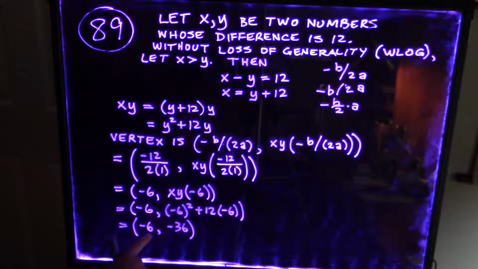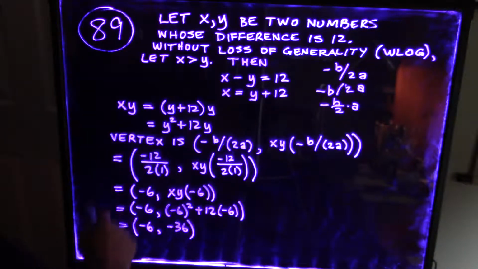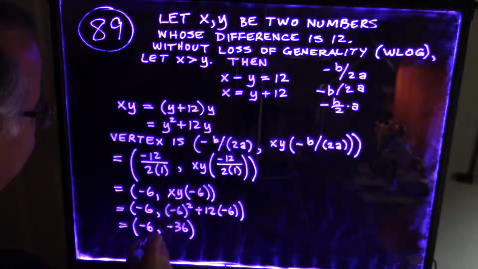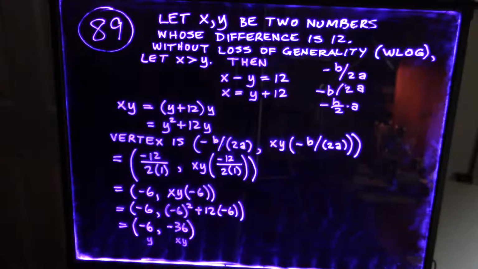Now the coordinates are usually x, y, that's what we're used to. In this case, instead of x we have y, and instead of y we have xy. So this is y, and this is the product, xy.